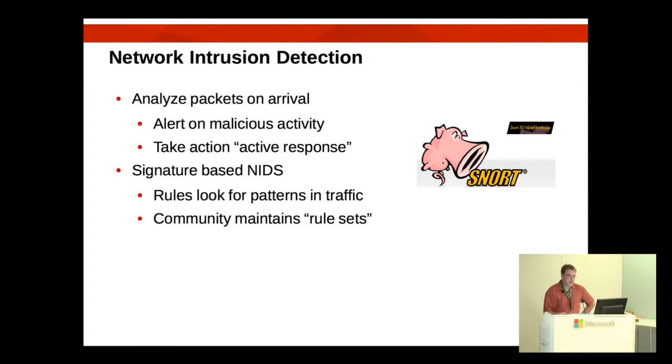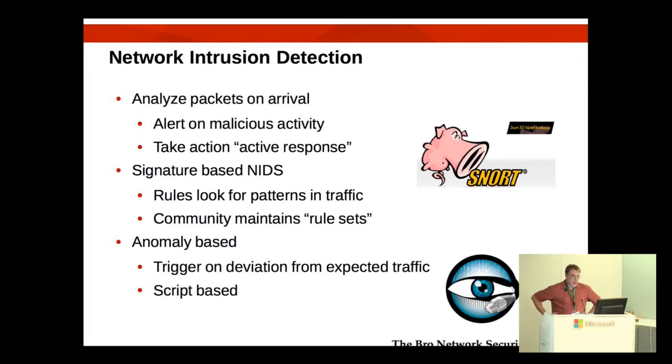And by and large, for Snort, the example that I'm giving here, a canonical open source NIDS, these are maintained by the community. So there's a large number of people around the world. We heard about zero-day exploits a few minutes ago. They're very active, and almost immediately when a problem is discovered, it'll be added to these rule sets.